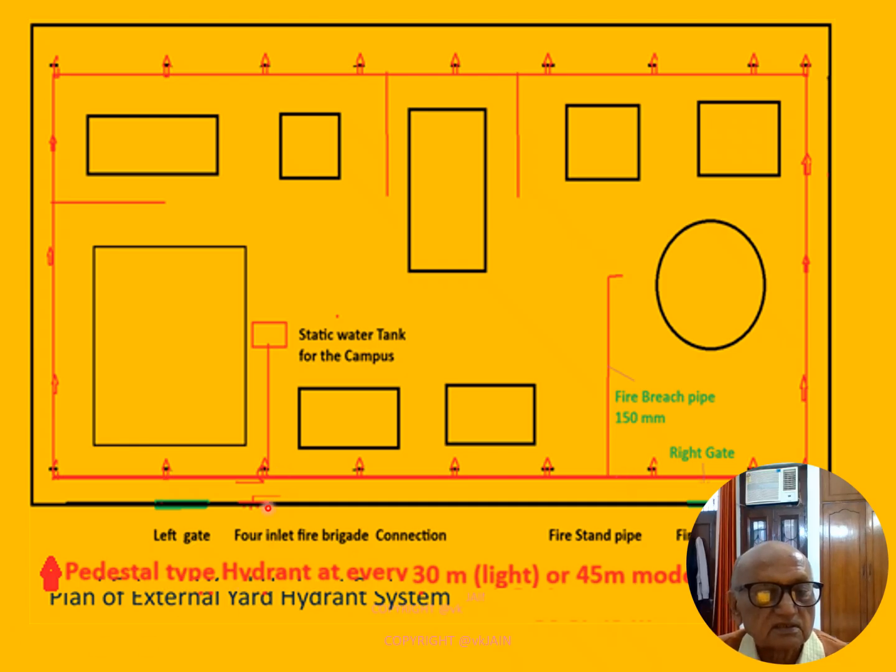There is a 4 inlet connection provided on the entrance gate that is always on the left side. The 4 inlet connection is shown here, through which water can be supplied to the static water tank directly, and it keeps it always full all the 365 days and 24 hours.